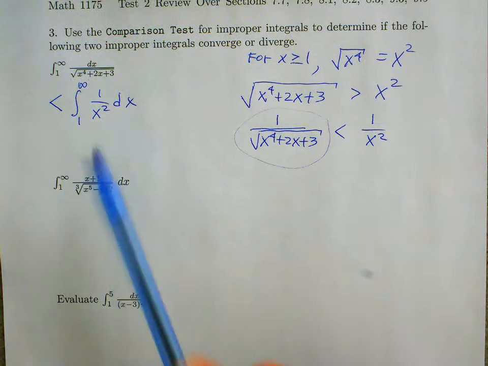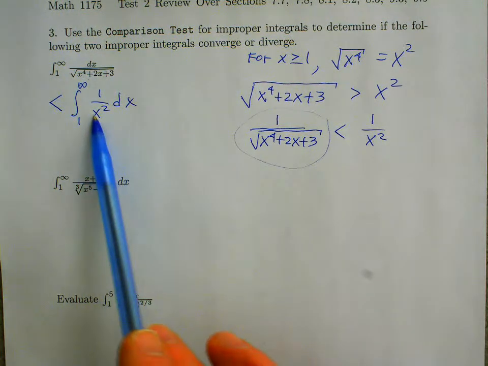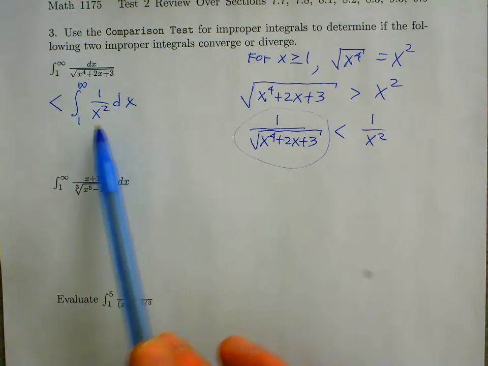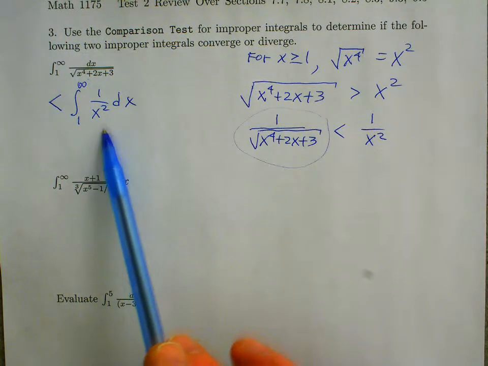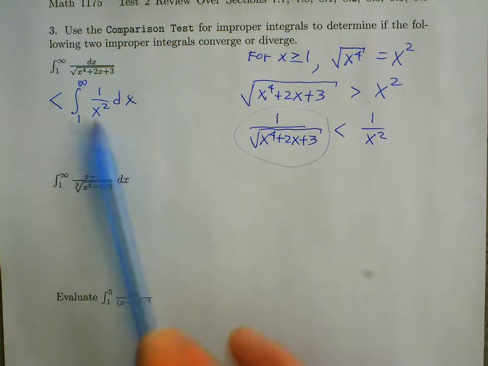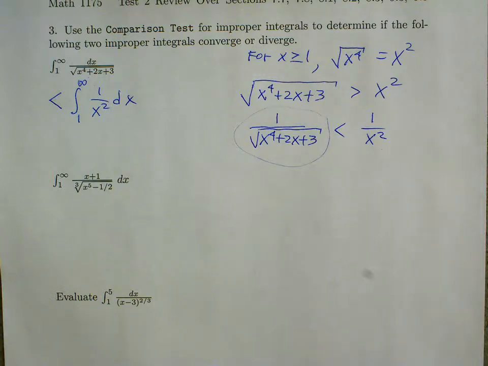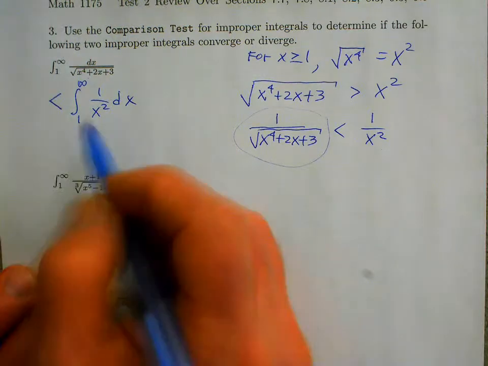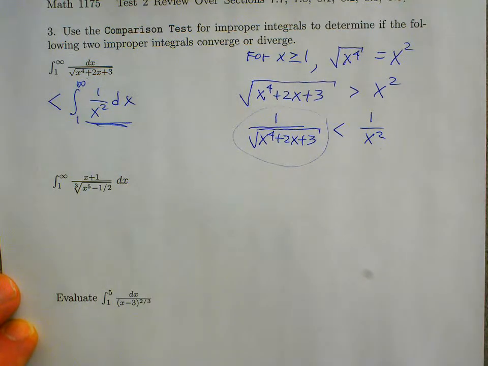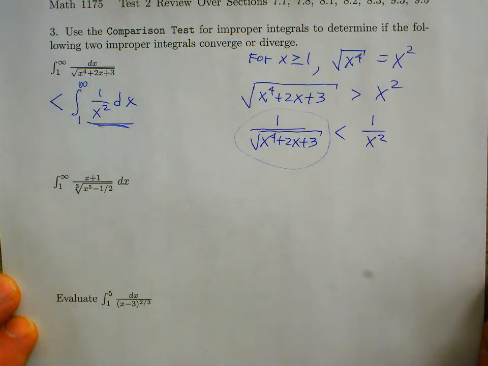And what do we know about this improper integral, 1 over x squared from 1 to infinity? Yeah, it converges. And since this improper integral is less than that one, it also converges. If that is equal to a finite number, then this one has to be equal to a finite number also. Even if we don't know what that finite number is, we do know that it converges to a finite number by the comparison test.